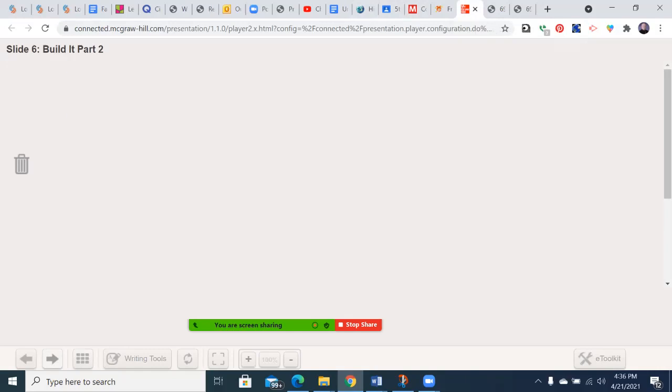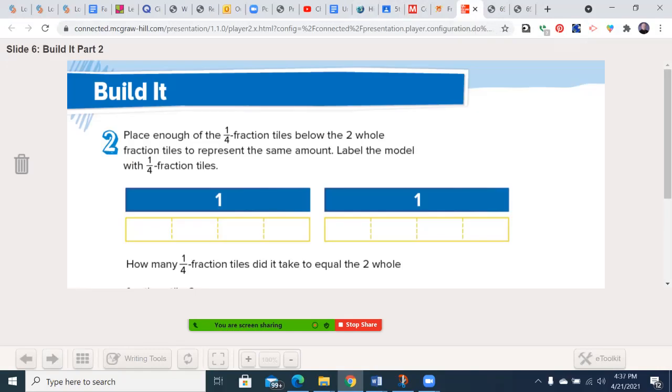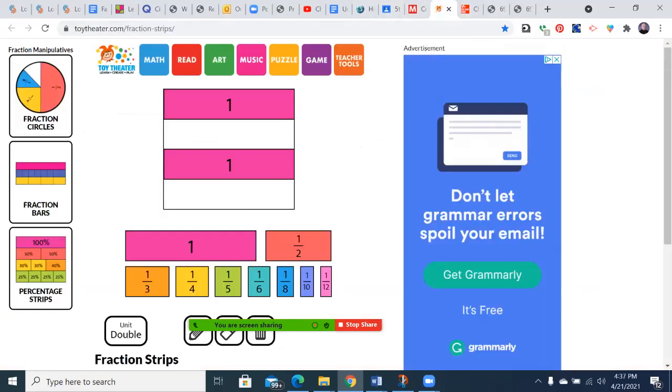So I have it ready. And you can see that in your book at step 2, they have placed them side by side. You need to place enough of the quarter fraction tiles below the 2 whole fractions to represent the same amount. So let's go get my quarters. Now I have 8.